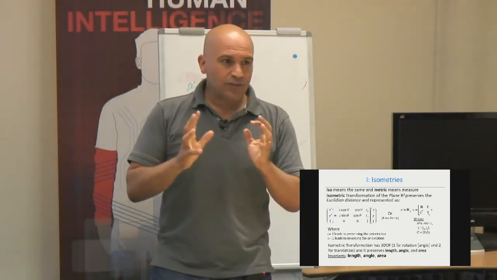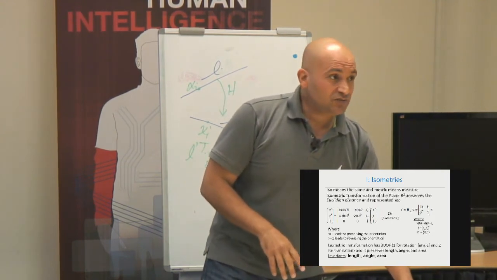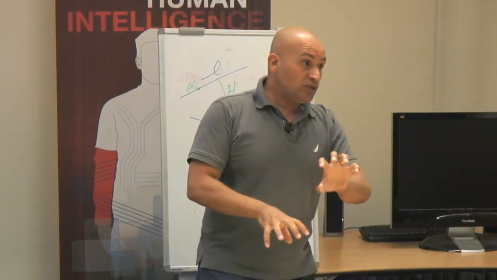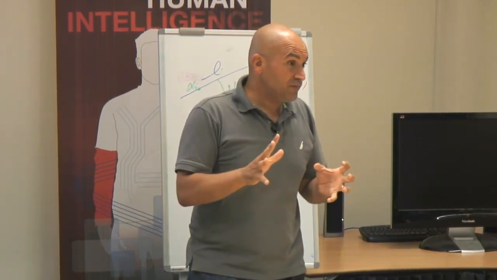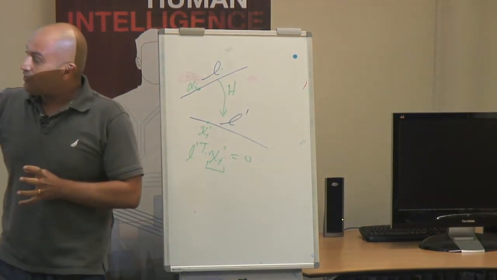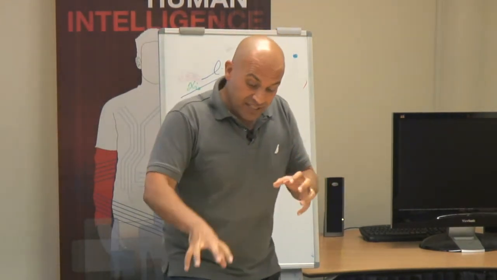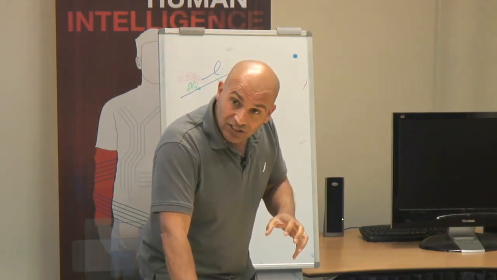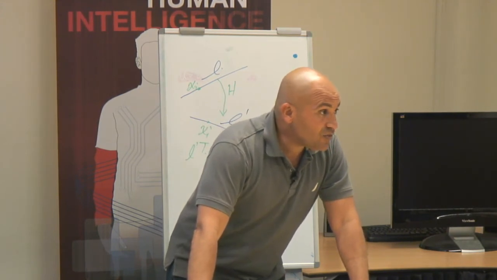If I take a shape and apply an isometric transformation to it, this is what we call a rigid transformation. It's used a lot in mechanics, where objects can move and rotate, but they don't deform, they don't change shape. This is what we call the isometric transformation. It has invariants, meaning properties from the source that are preserved and remain on the image.